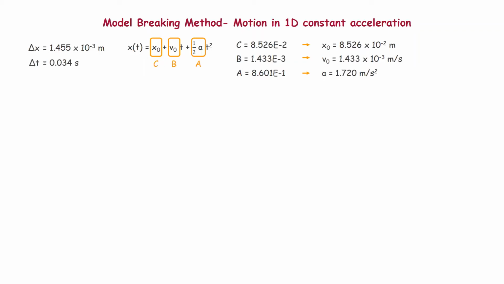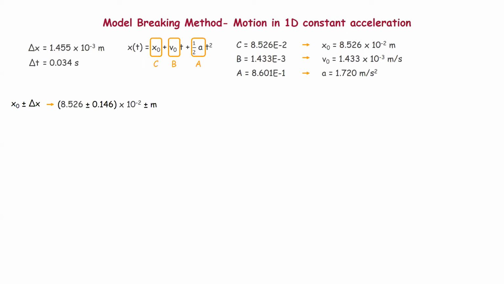Are we done? Of course not, because we have to calculate the errors in our results. So, what's the error in the initial position? The error is the measured error, which is delta x. You can always write x0 plus or minus delta x.